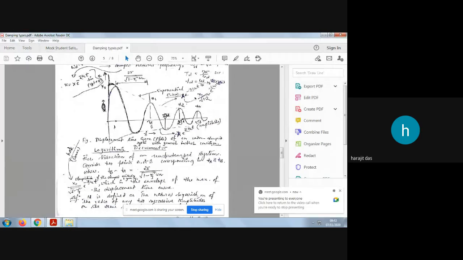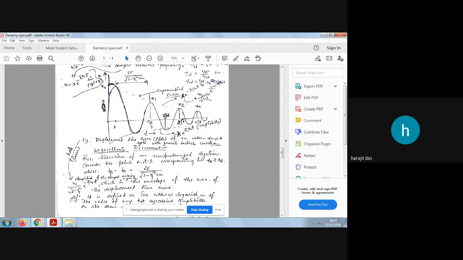So here it is written, free vibration of an underdamped system. Consider two points, point A and point B, corresponding to ta and tb, meaning at time small t suffix a and at time small t suffix b.